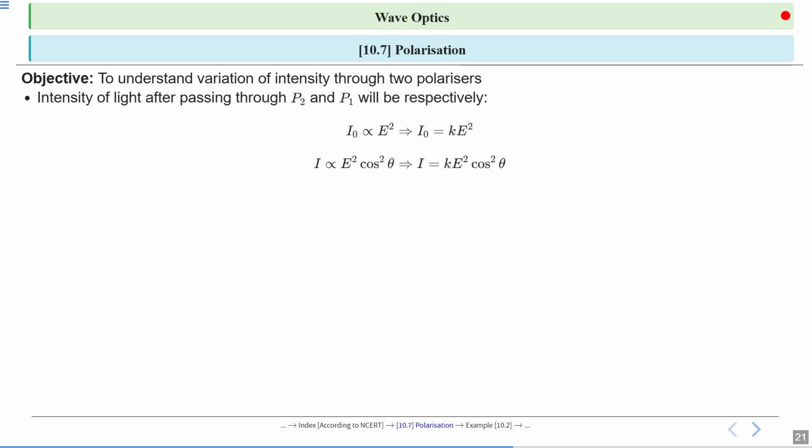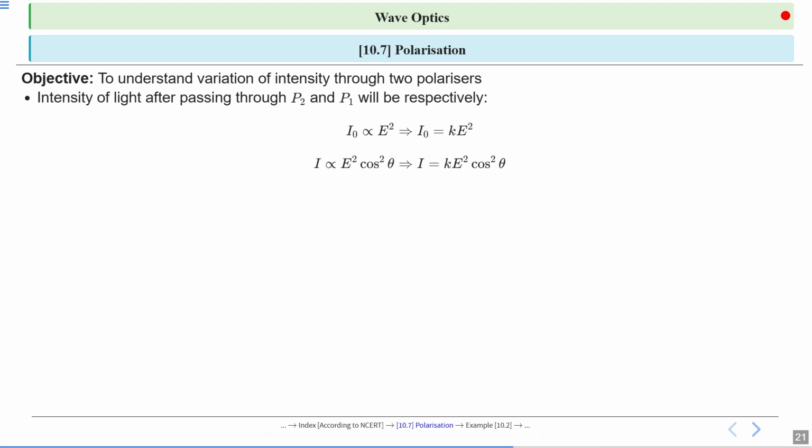So let's look at the equations that we have discussed. Initially, the intensity I naught is proportional to the square of the electric field E, represented as I naught equals k E square.